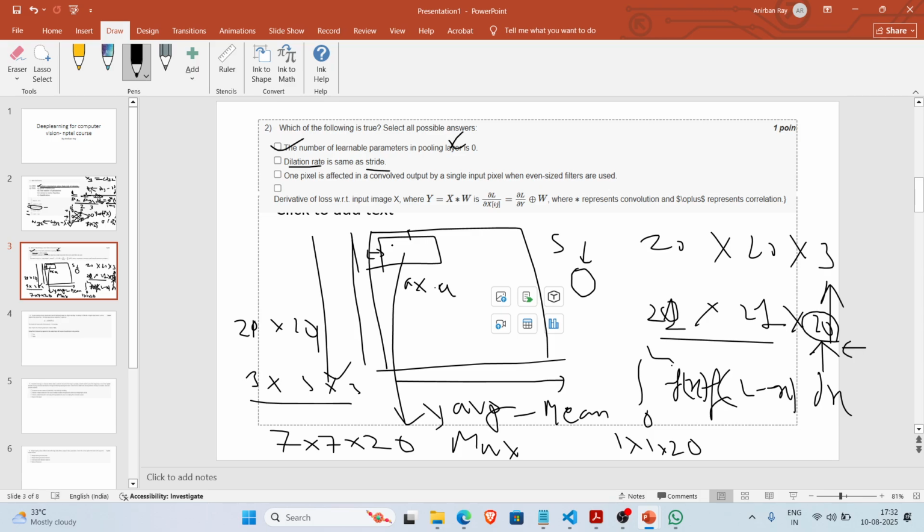So dilation rate is, suppose you have this 3 cross 3, or suppose 4 cross 4 filter. Now some rows and columns of the filter do not act upon the values of the image.